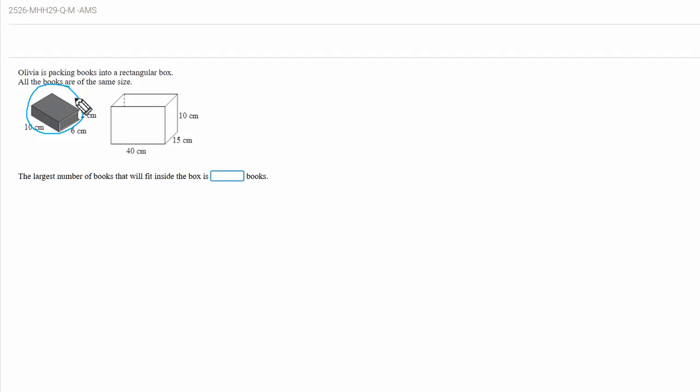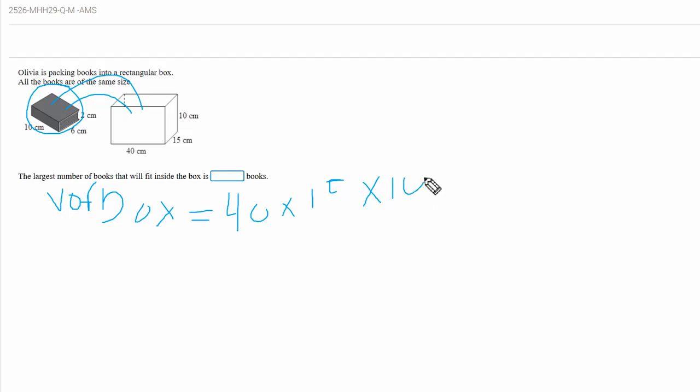If I talk about the volume, I'm talking about the size of the book, the shape of the book. How many of these can I fit inside? So what will I do? I'll calculate the volume of both of them. So volume of the box is going to be 40 times 50 times 15 times 10. Okay, that is the volume of the box.